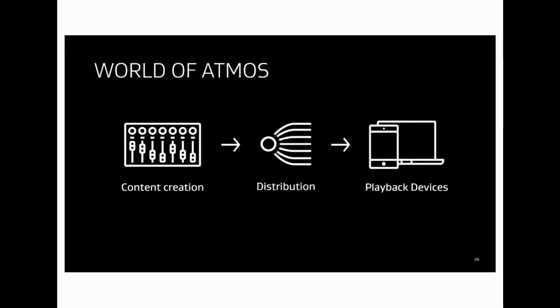For getting Atmos out to an end listener, we like to break it up into three main stages: a content creation stage, distribution, and playback. Whatever type of device or type of content, there are always parallels, but we generally have to do things a little bit differently. And I'll talk about a few of the techniques we use to make this possible.